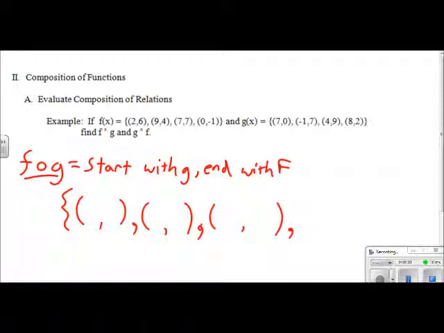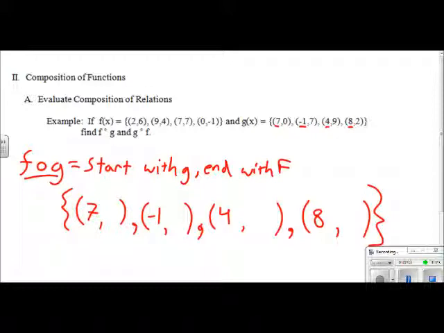I think I need one more. Okay. And we're going to start with our inputs from g. So g's inputs are 7, negative 1, 4, and 8. So I would have 7, negative 1, 4, and 8.